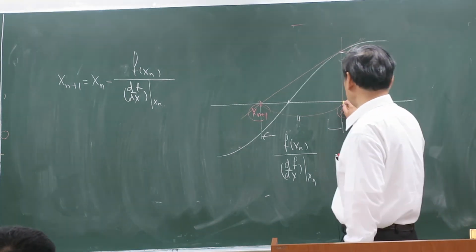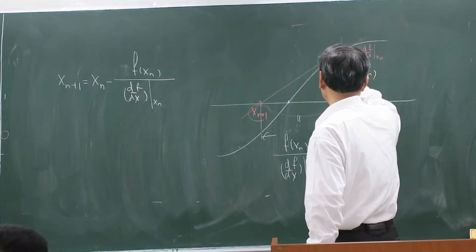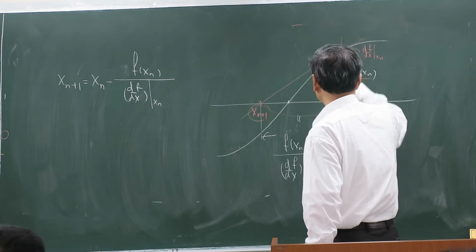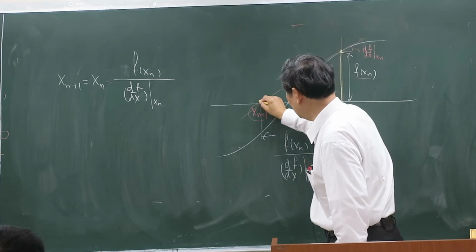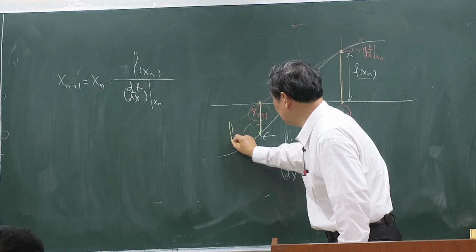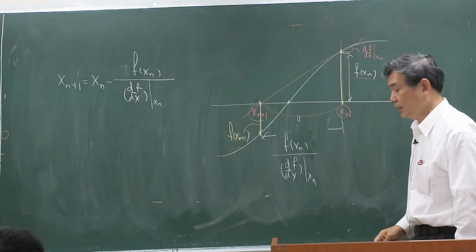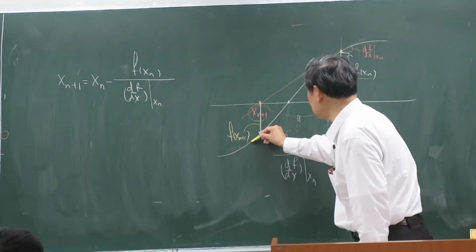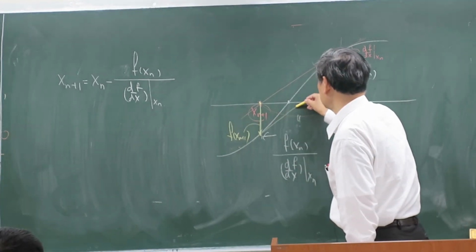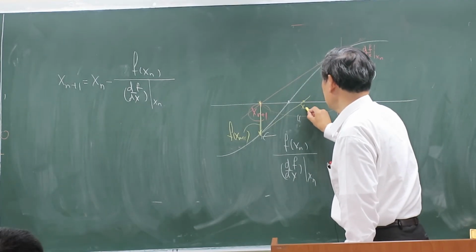So first, from here I got a value. Then from here I got a value f(xn plus 1). And from this point, I got a slope. I get xn plus 2.